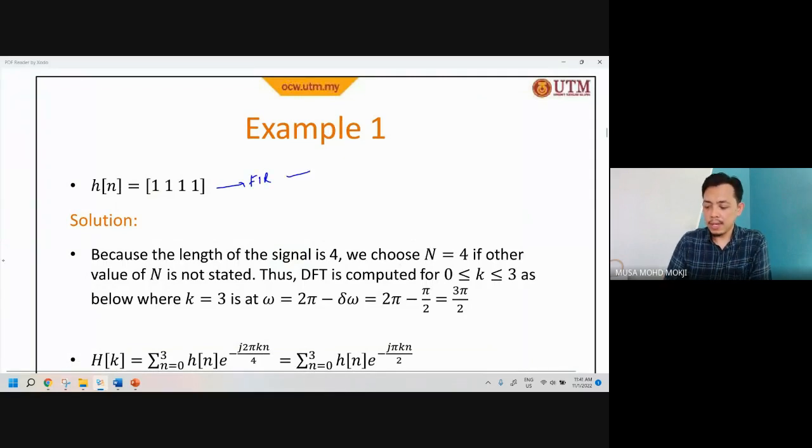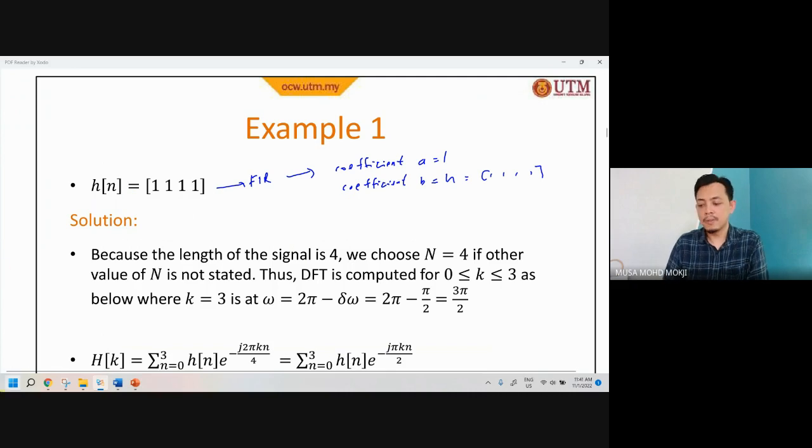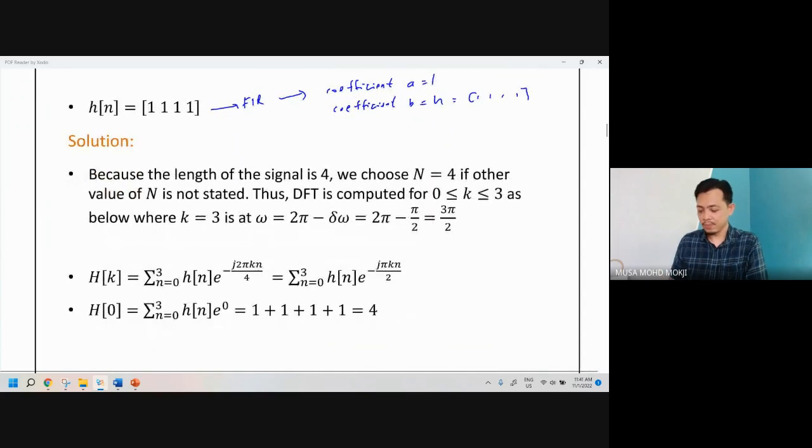If we look at the coefficients, coefficient A is equal to 1, and coefficient B is equal to h, those values. For FIR, A is fixed to 1, so this is always 1 for FIR. For IIR, yes, you can have A other than 1.